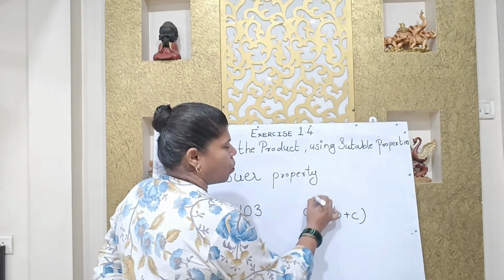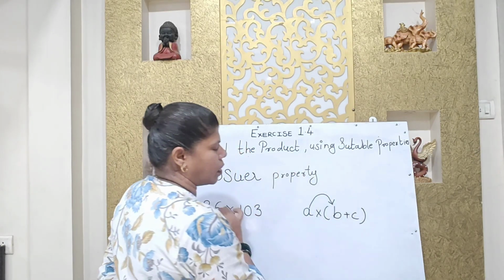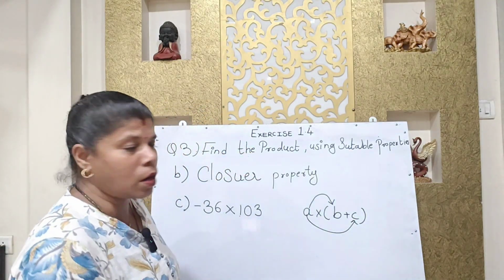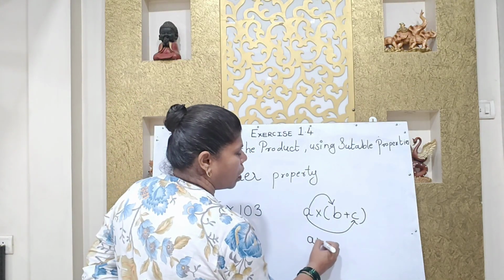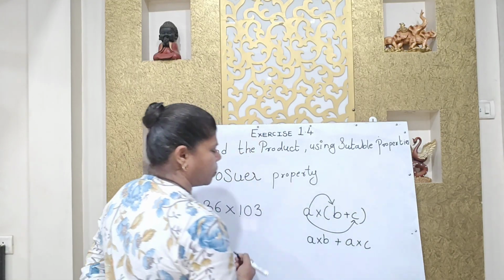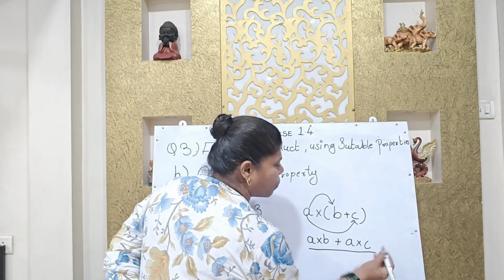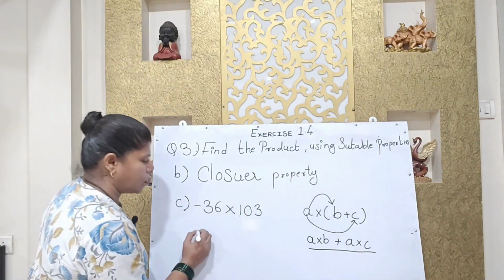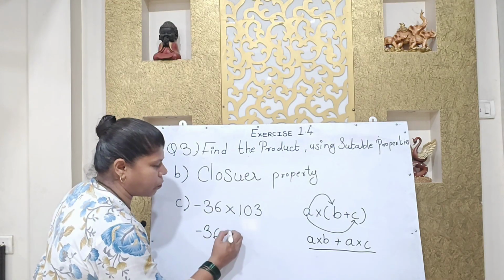So what you have to do is multiply A with B and A with C. So what will you get here? A multiplied by B plus A multiplied by C. This is the form which we need in this sum. So come on, try it by yourself.